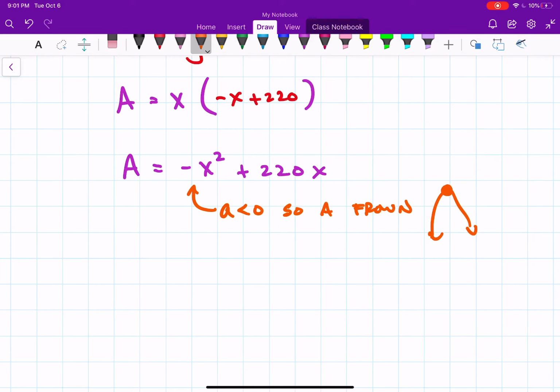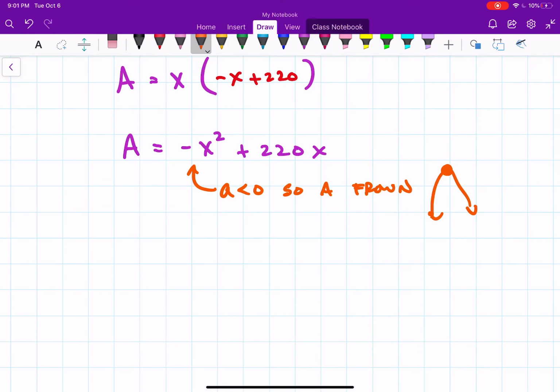So that means my vertex would be a maximum. Ooh, right? Wait a minute. So what I can do is to find my x value, I can find my line of symmetry. So let's find my line of symmetry.